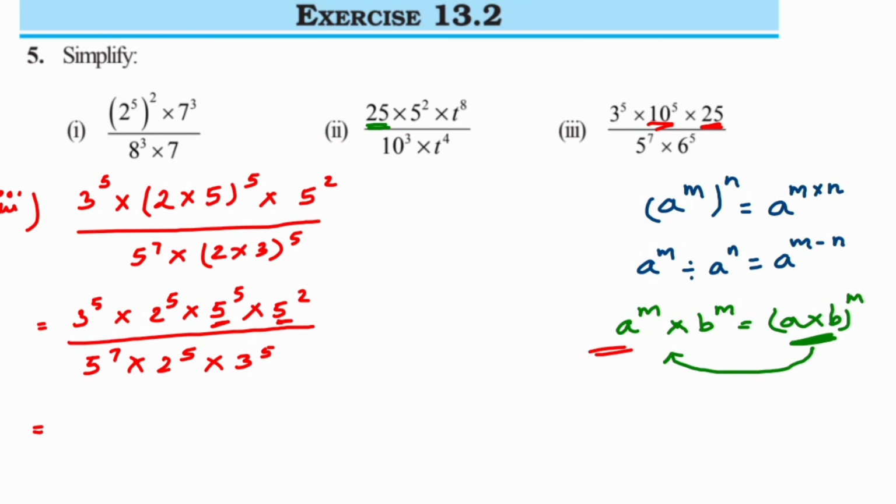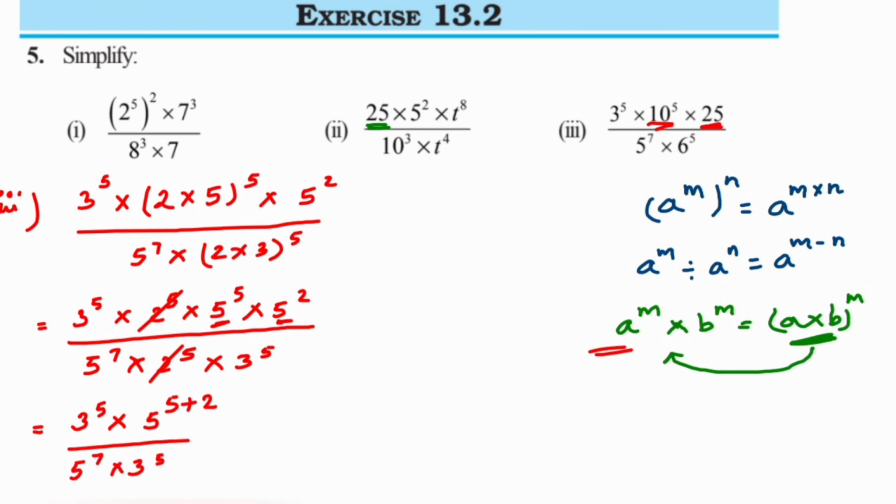Okay, and so we get 3 to the power 5 multiplied by 2 to the power 5. In the numerator and denominator, I'm going to cancel them, or we can apply the law. Anything we can do. I'm just going for cancellation here, so I'm going to cancel this. So we'll get 5 to the power, bases are same, powers are different, so I'm going to add the powers. So we'll get 5 plus 2 upon 5 to the power 7 multiplied by 3 to the power 5.